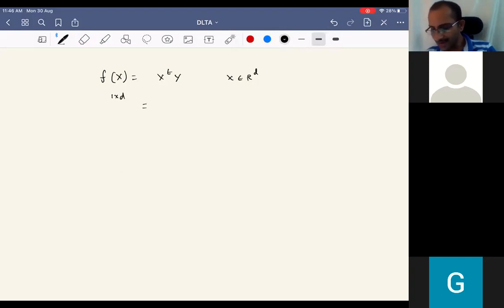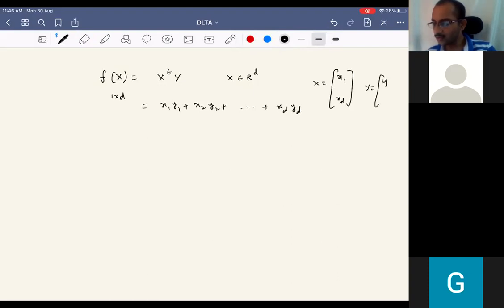If you expand this, this will be x1 y1 plus x2 y2, plus and so on, plus xd yd, where x is equal to x1 to xd, and y equal to y1 to yd.